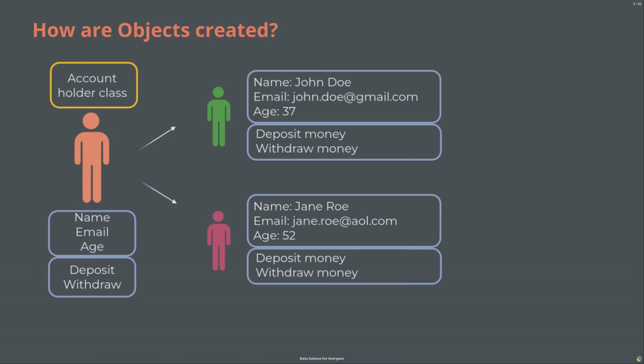It defines the possible states, such as attributes like name and email address, and behaviors such as deposit or withdraw money. For instance, the account holder objects are instantiated from the account holder class. By defining these attributes and behaviors within the class, we ensure that all account holder objects are consistent and can be treated in a unified way within the program.